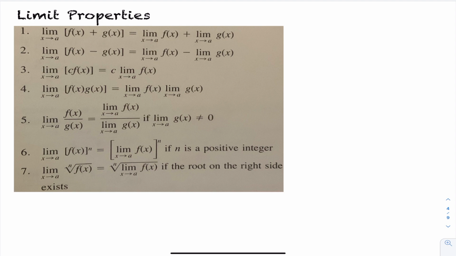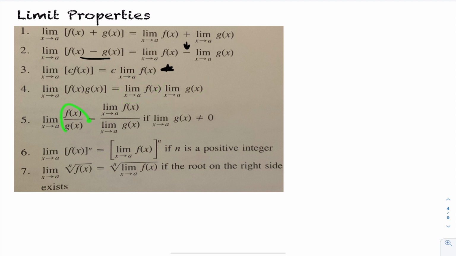Likewise, if I'm taking the subtraction, you can break that up and take the limit individually and then subtract the results. This example here is saying that if you take the limit of a function with a constant in front of it, you can actually pop that constant out and then evaluate the limit. This example here, we've got the limit of the product is actually the product of the limits.